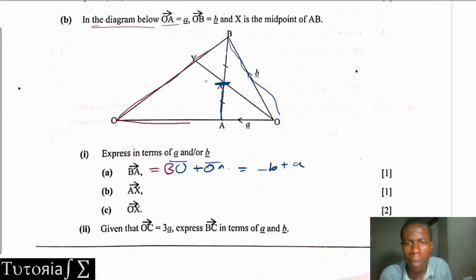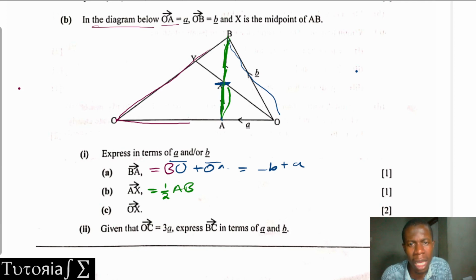Since AX is the same thing as AB minus XB, we can just say AX is equal to half of AB. You can say that because this is the midpoint.